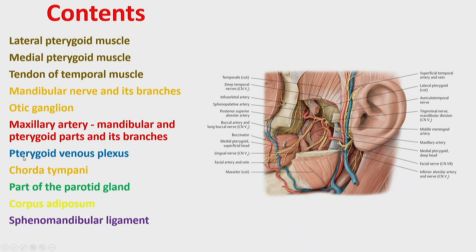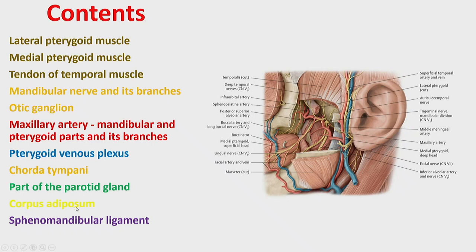Another structure is the pterygoid venous plexus that we mentioned. Its content, the chorda tympani, is a nerve, a branch of the facial nerve, and is also a content we are going to discuss. A part of the parotid gland, the deep part, reaches the infratemporal fossa.